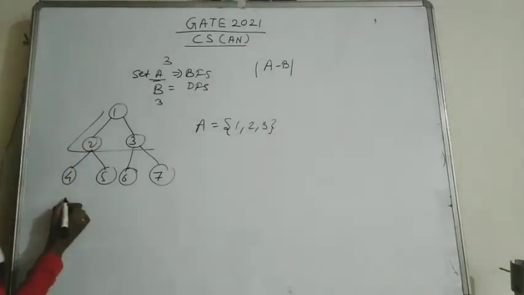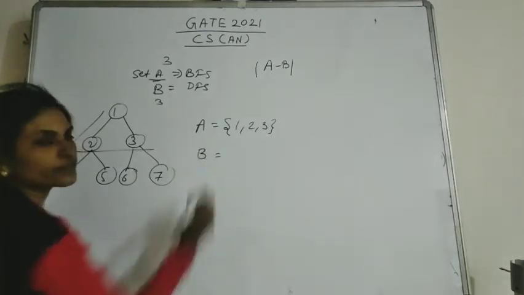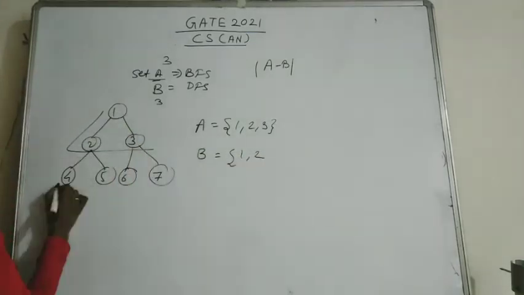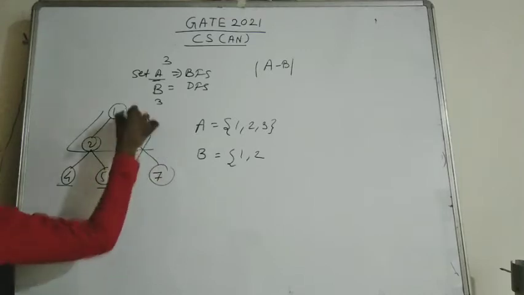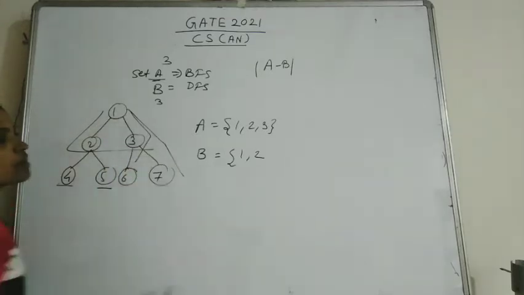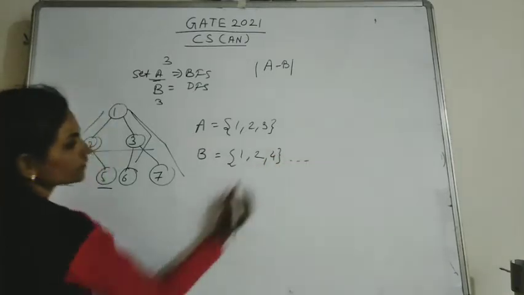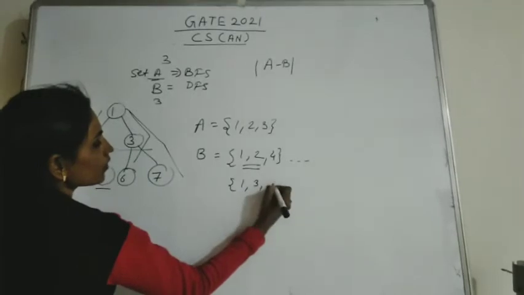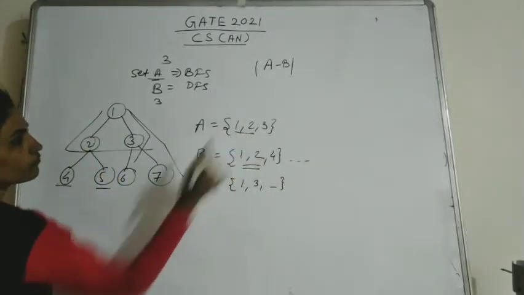And when you traverse through the tree by the DFS, you will have either 1, 2, 4, or 1, 2, 5, or 1, 3, 6, or 1, 3, 7. So like this, you have 1, 2 and 1, 3 in common. Two elements are common from A.